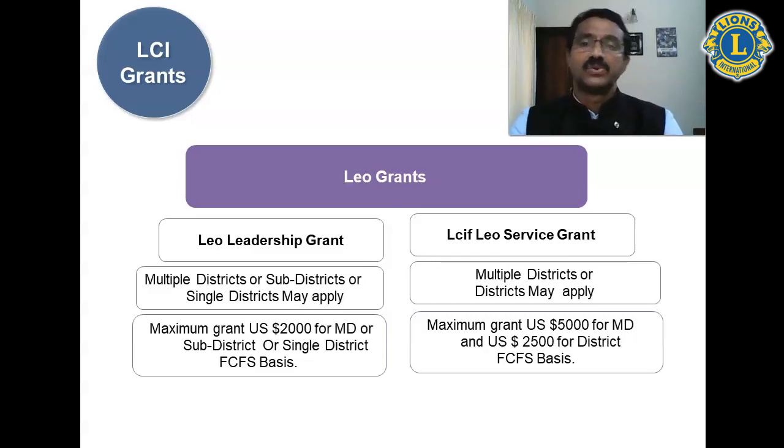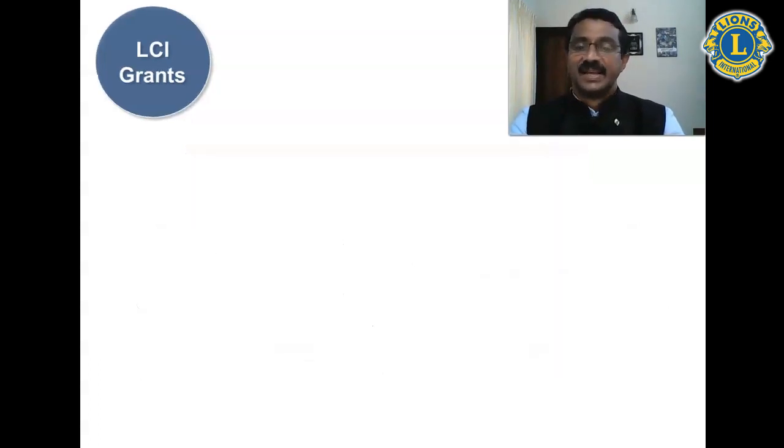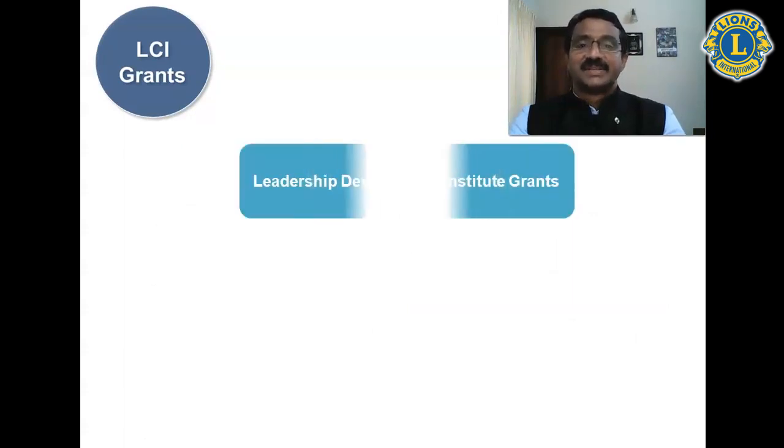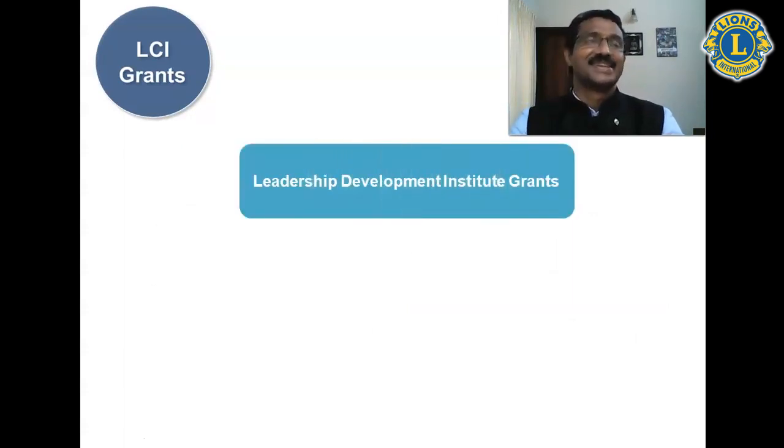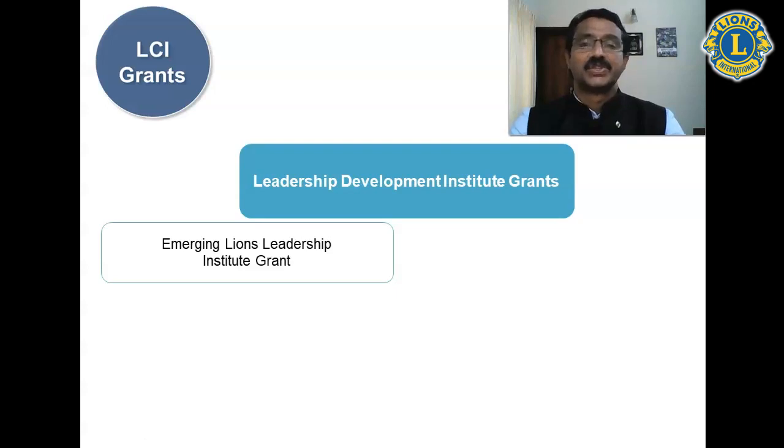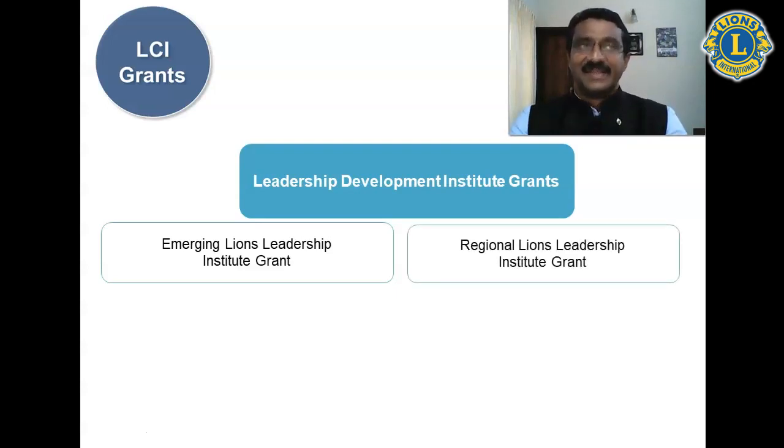Now we will move to the last group, which is Leadership Development Institute grants. Again here, this is for leadership development at the district level as well as at the multiple level. So, two grants are available under this category. One is the Emerging Alliance Leadership Institute grant and the second one is the Regional Alliance Leadership Institute grant.